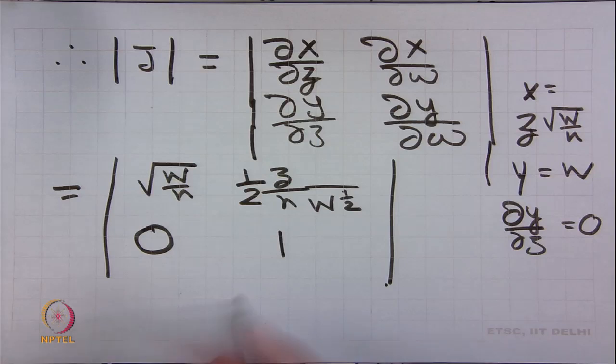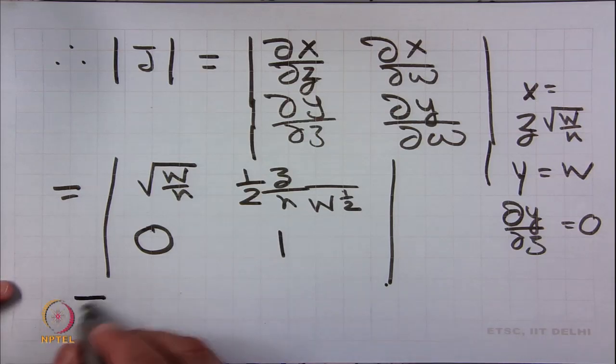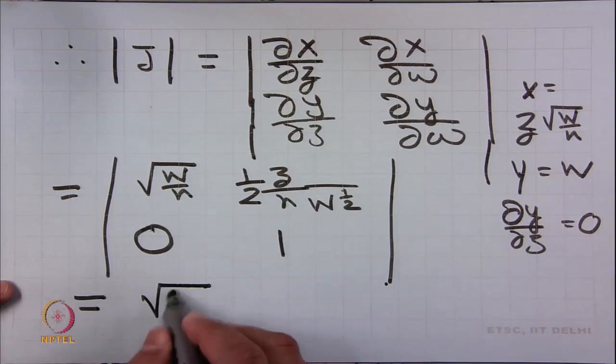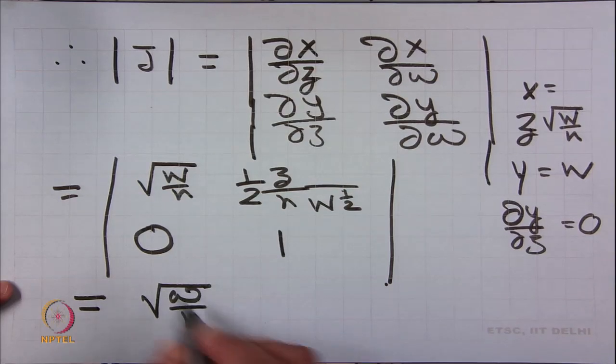Therefore, this determinant is coming out to be root over w by n. This is important because we will need it in obtaining the PDF of ZW.